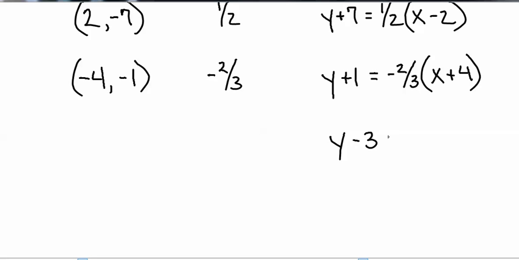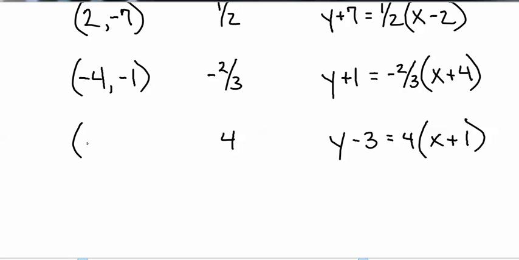So if you do y minus 3 equals 4x plus 1. Okay? There's your point slope form. What's the slope? 4. Very good. Now, the point that's on this line. What's your x value?